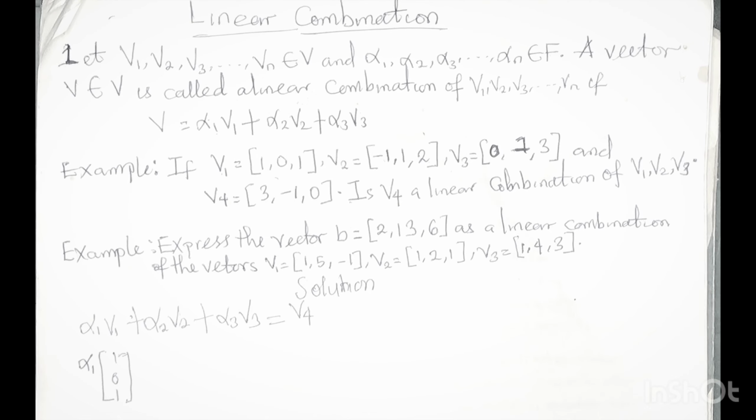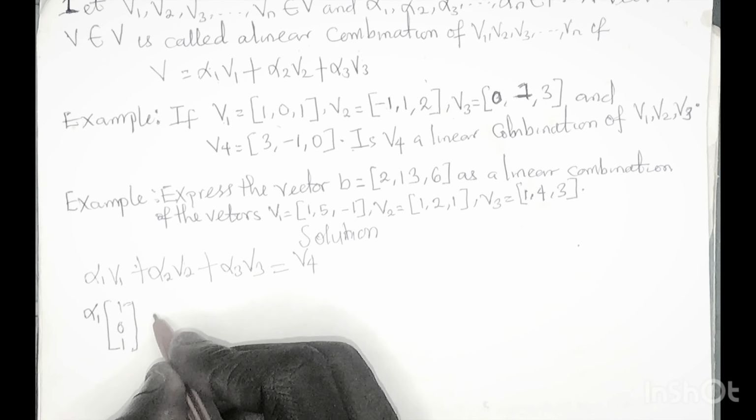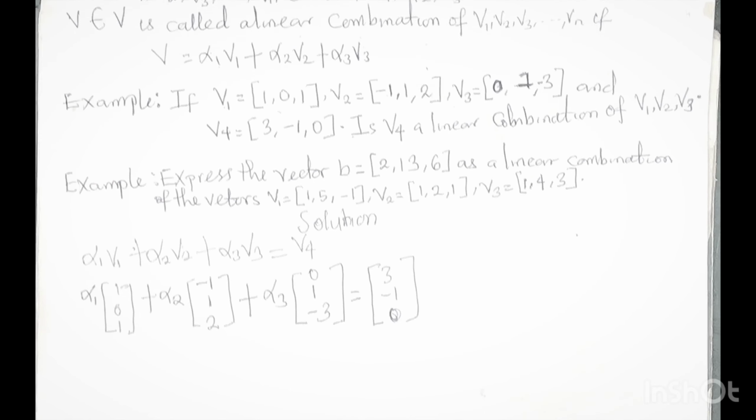So you write alpha 1 times v1, plus alpha 2, and our v2 is minus 1, 1 and 2, then plus alpha 3, and our v3 is 0, 1 and minus 3, and that equals v4. What's our v4? Our v4 is 3, minus 1 and 0. Can you see how I do that now? So that is your first step.